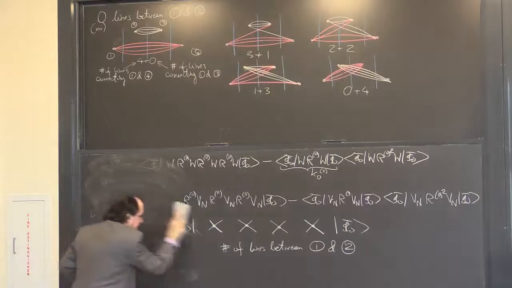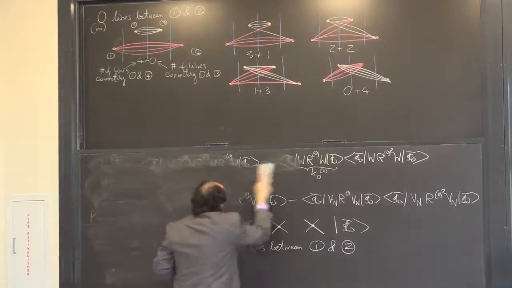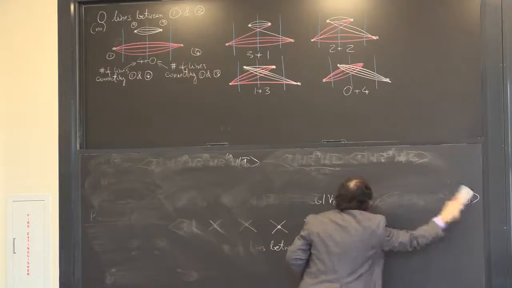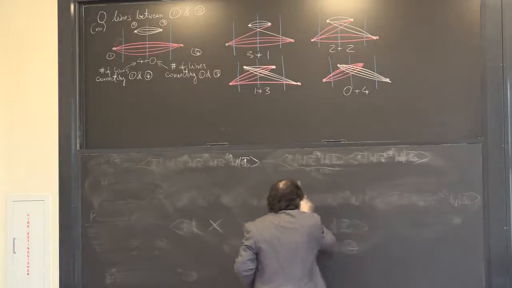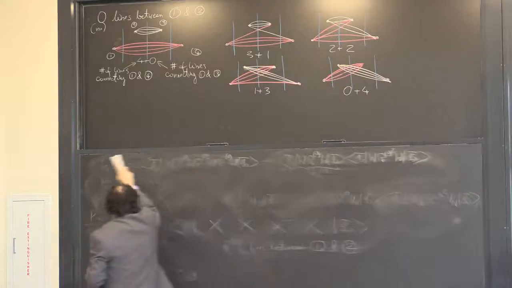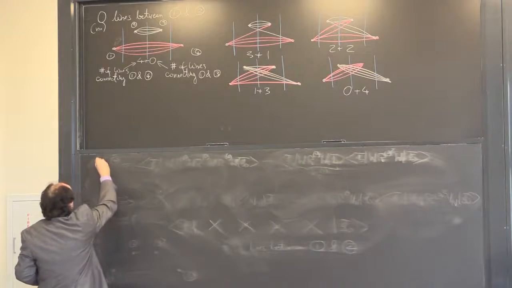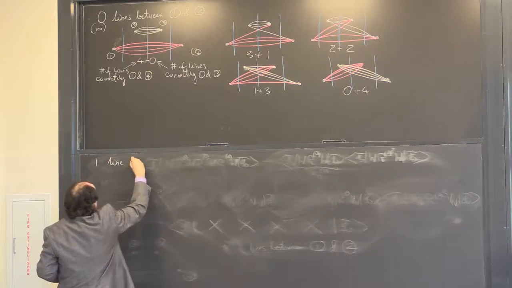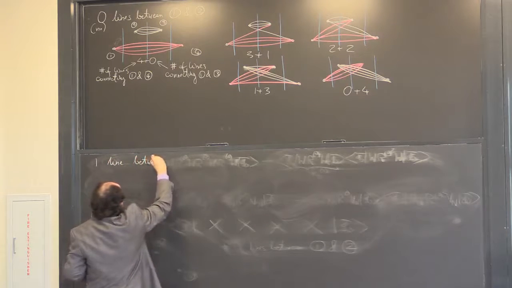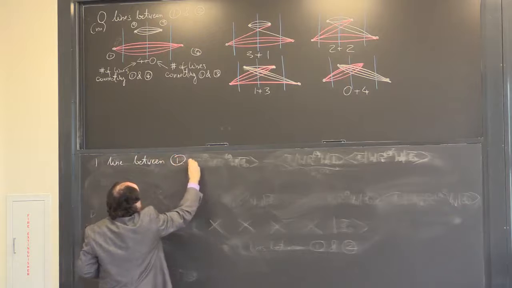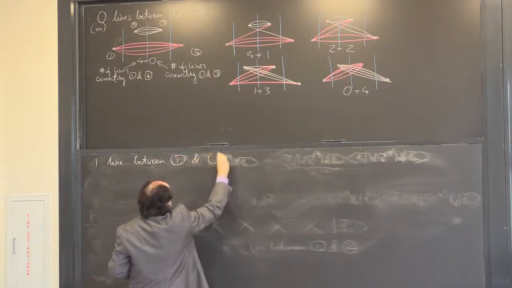Let's use this blackboard to analyze the next category. Well, what is the next category? According to our classification, it is the category of diagrams where we have exactly one line between vertices 1 and 2.